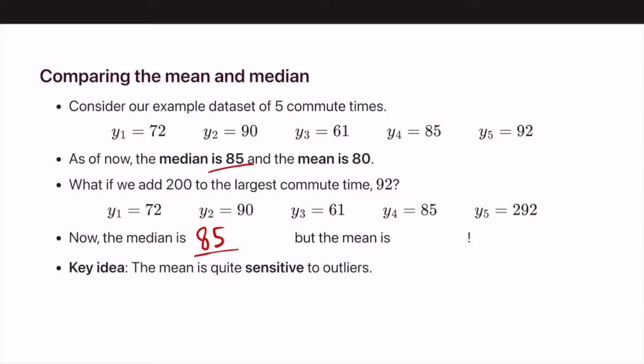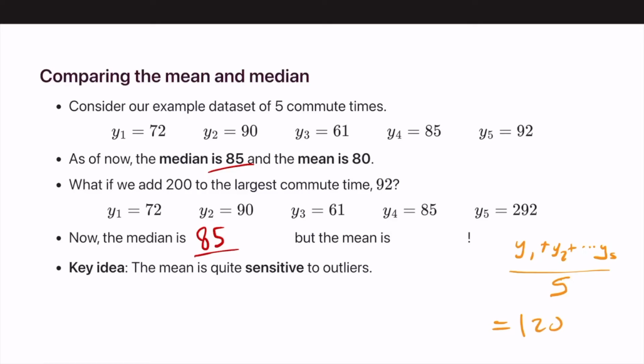But what happens to the mean? Well, we add 200. So let's do the simple math real quick. That would be taking y1, y2, all the way to y5, adding them up, y1 plus y2 up to y5, divided by 5, which is going to give us 120.